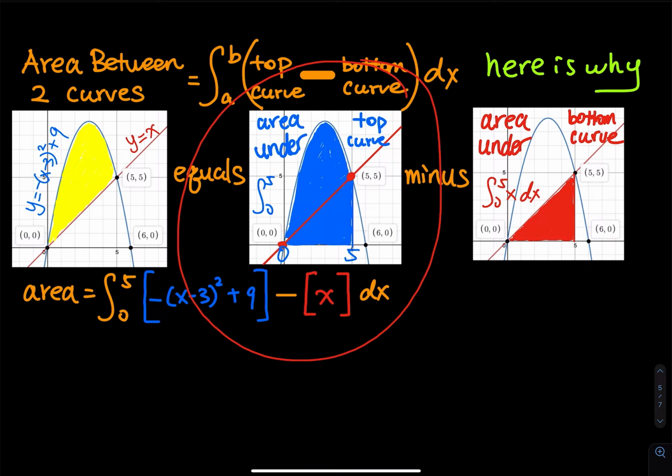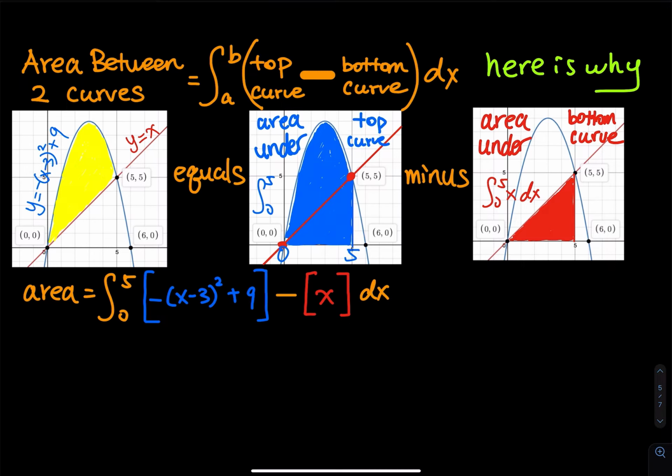If we have the blue and we take the triangle out, then we get the yellow. So that's why we have to take the top minus the bottom, because the region on top is so big. The bottom is like an extra, so you take the big minus the little extra, you trim the big region, and then you get the yellow region. So that's why we have to do a minus, not a plus, not a multiply, and not a divide.